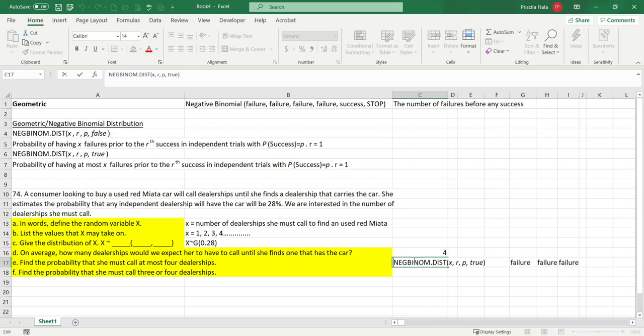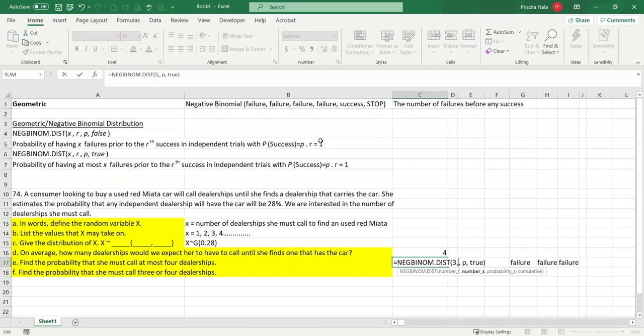So let's go ahead and put the equal sign to make a formula in Excel. So my geometric distribution, which is called the negative binomial distribution formula. So we're looking for 3 failures, right? And then right here, find the probability that she must call at most 4. On the R, right here, you're always going to be using 1.